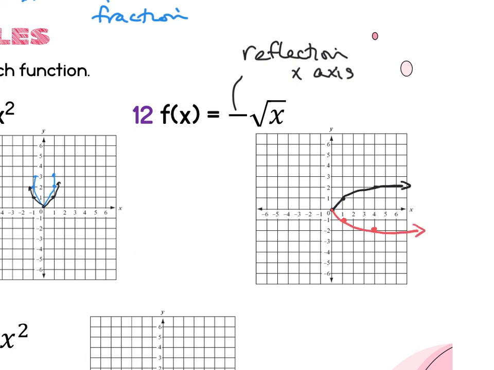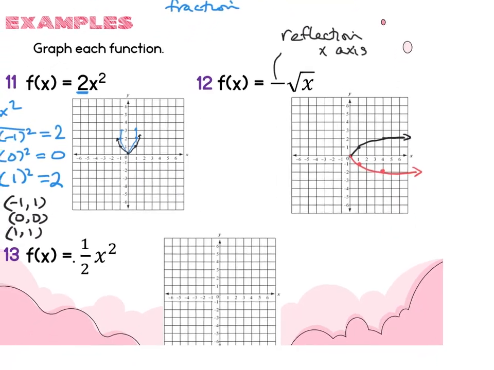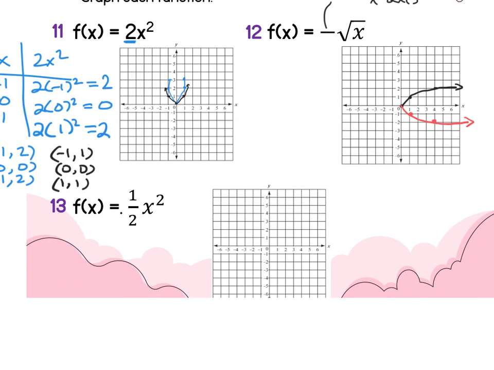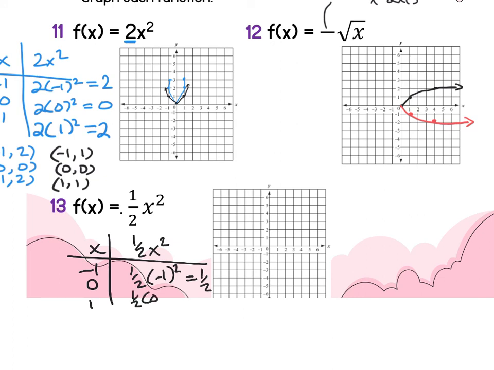And for the last one, we're just going to do a table. Plug in our x's, -1, 0, 1. Plug it into 1/2 times x squared. So 1/2 times -1 squared is just 1/2. 1/2 times 0 squared is 0. And 1/2 times 1 squared is just 1/2.